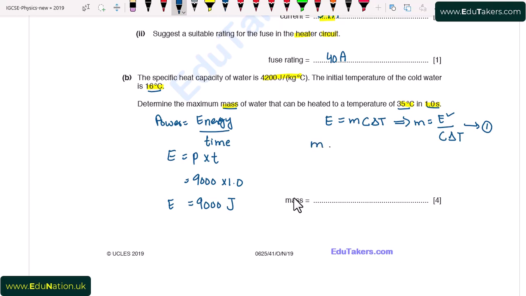So mass becomes 9000 divided by specific heat capacity 4200 multiplied by delta T, change in temperature, which is 35 minus 16. So the value of mass comes to be 0.01 kilogram. So I write here mass is equal to 0.01 kilogram.